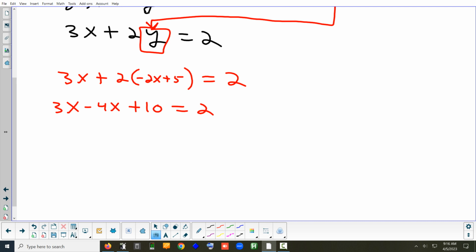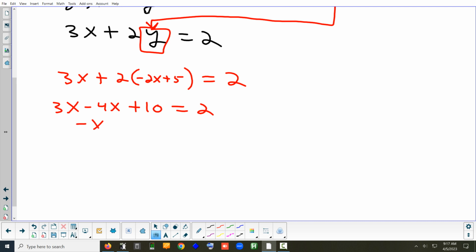So we don't want to put more stuff with the letter. We want to start to combine things and then move them away from the letter. Maddie, can you tell me what you do next? Combine like terms. And what are your like terms? The 3x and what's 3x minus 4x?